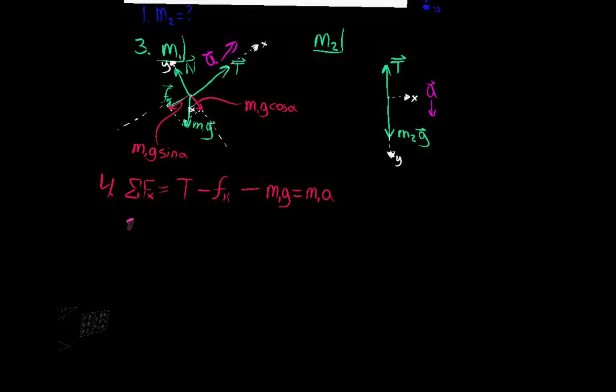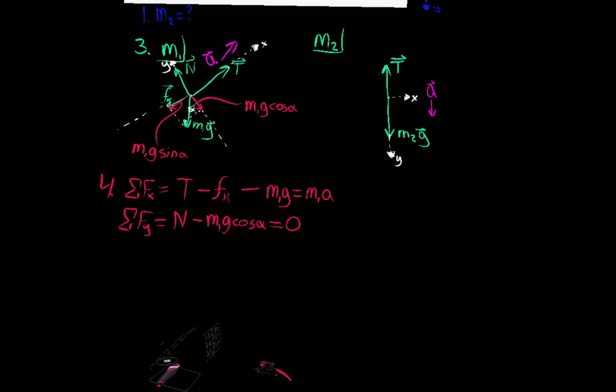So that's the sum of the forces in the x; the sum of the forces in the y looks like this. We have N minus the component of the weight, m1g cosine alpha. And there's no acceleration in the y. It's not crashing through the ramp or flying up off the ramp.